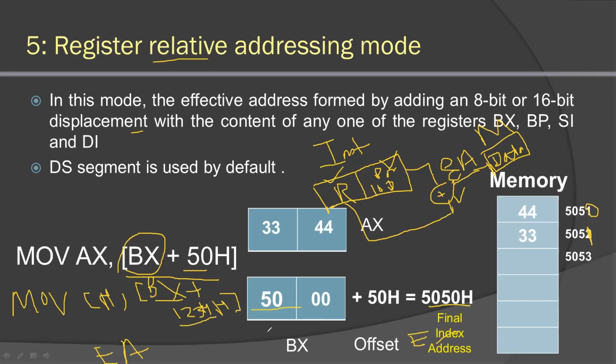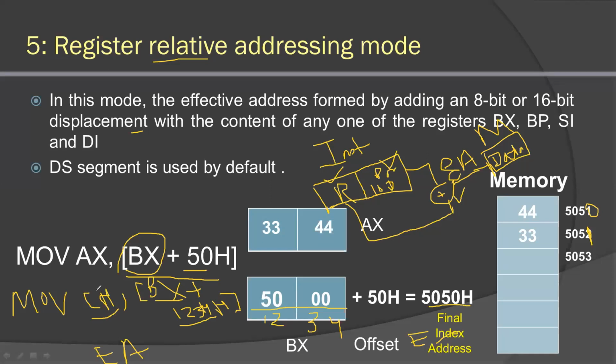Means 5000 plus 1234. Means 6234. Yes, 6234 is the final effective address, and the value of the data of 6234 location will be transferred to CH. As the CH is a 8-bit register, only that value will be transferred.